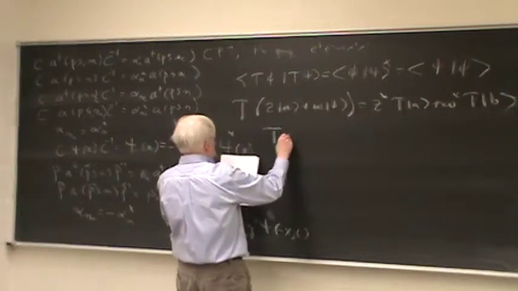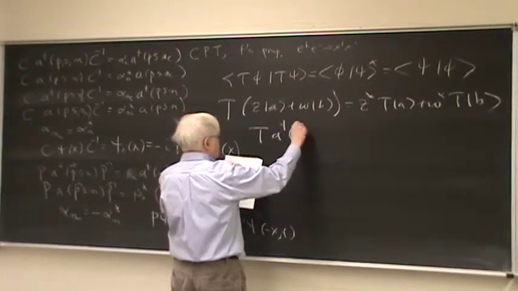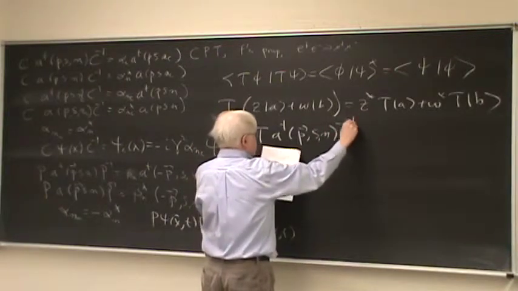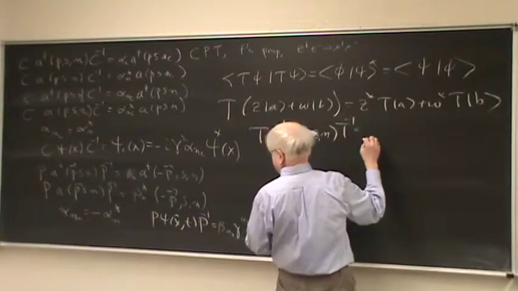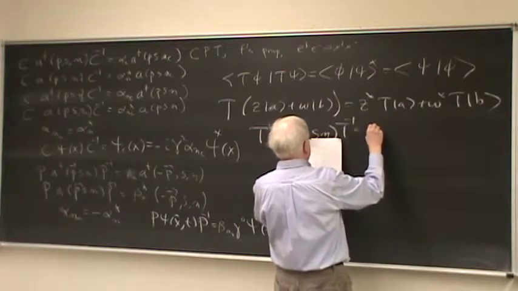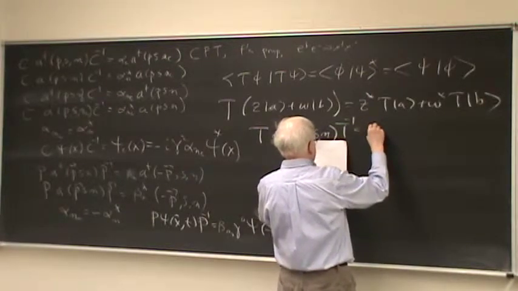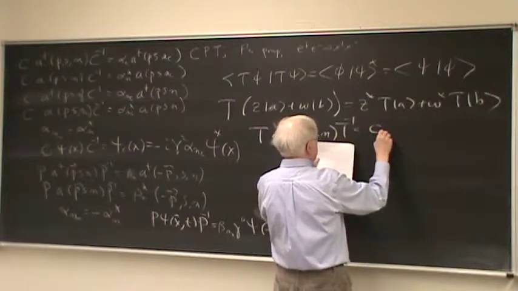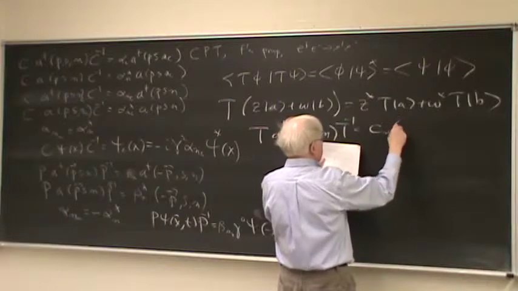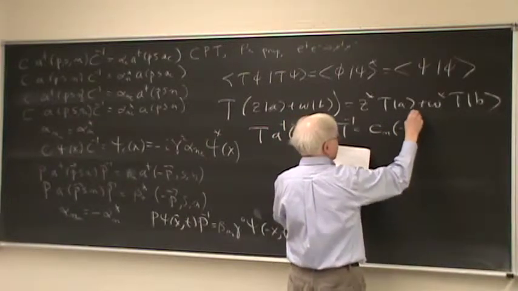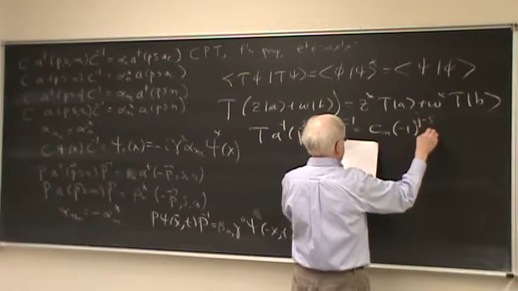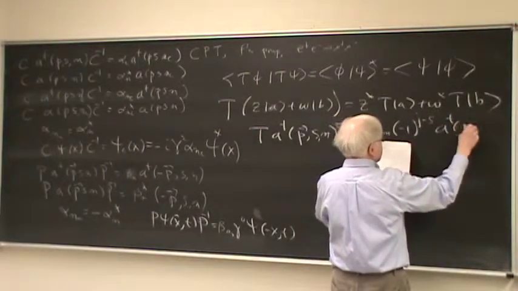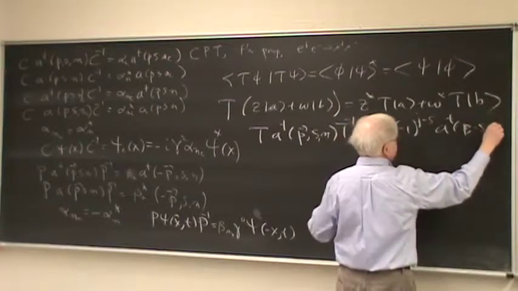On the creation and annihilation operators, what we have is something like this. T inverse gives us some phase. If I use beta there, I'll have to use gamma here. I think I won't use gamma, I'll use C to avoid confusion. C sub n, and then a strange thing, minus 1 to the j plus j minus s, a dagger of minus p minus s and n.